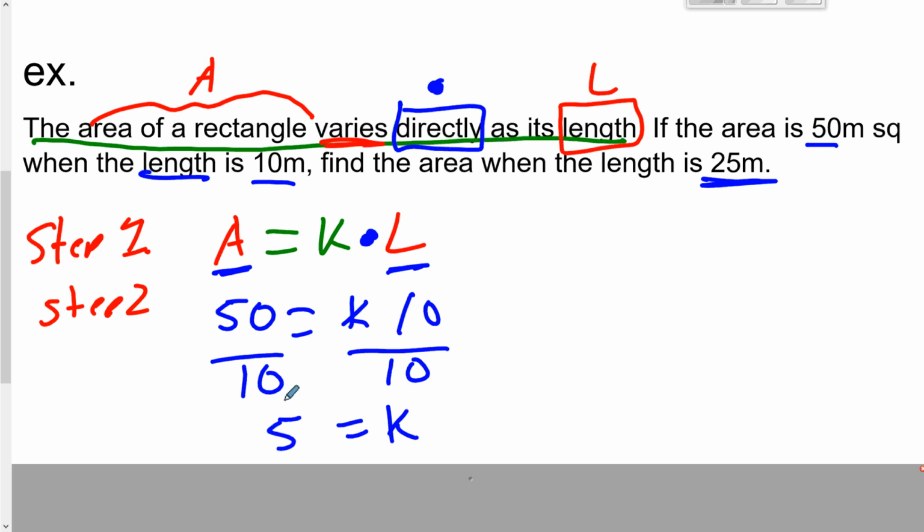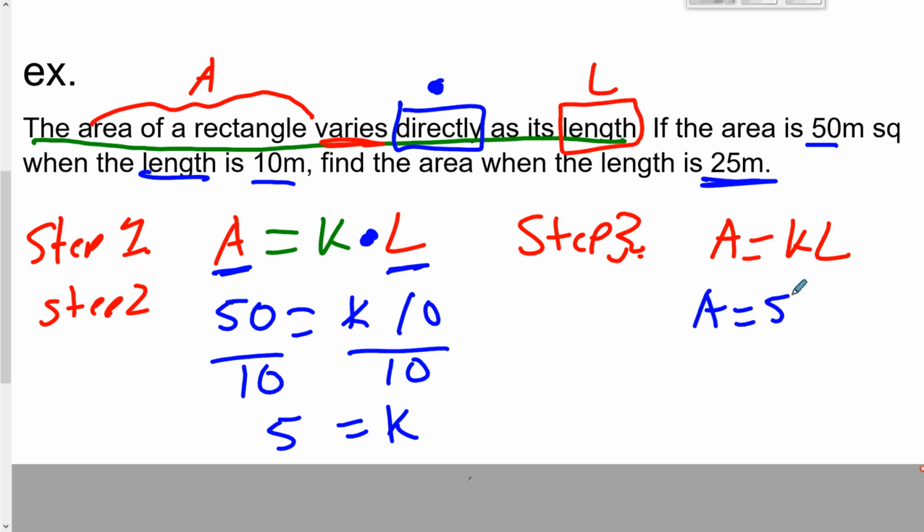Okay, now step 3 says we take our k and plug it into the equation from step 1. So here's our equation from step 1: A equals kL, k times L. Now we enter in our k, which is 5. So A equals 5 times L, 5 times the length. Now we're at step 4.